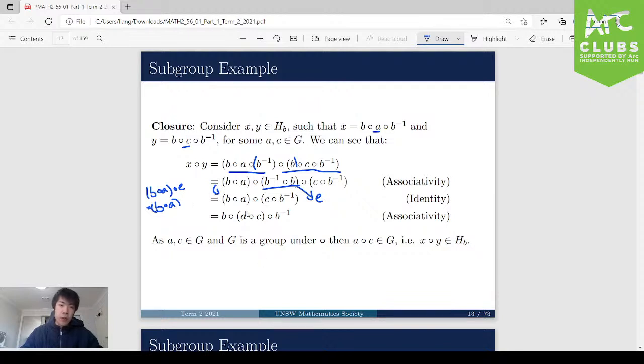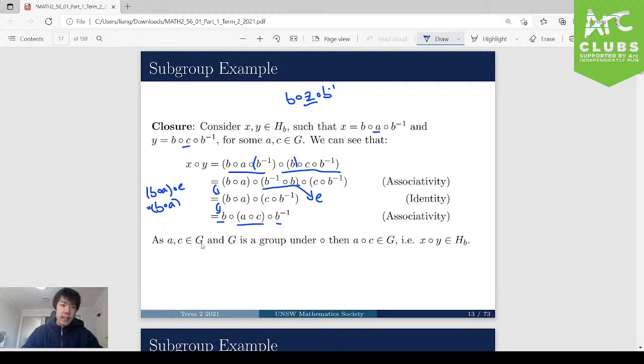But then again, if you use associativity to rearrange your brackets, you can purposely rearrange it such that you have A dot C in the middle and you have B and B inverse on the ends. But what is this? This is exactly the definition of something being within H, right? The definition was you had B dot, say, some random element from G, dot B inverse. In this case, let's say Z is A dot C, right?